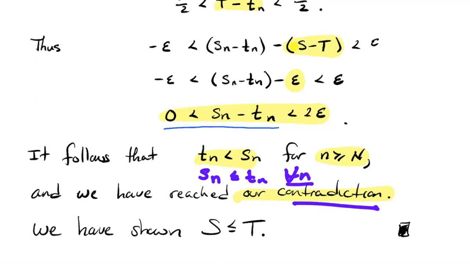So that's what I'm contradicting. It cannot be the case that eventually that inequality switches around. So where did the contradiction come from? It came from the assumption that S was greater than T, so therefore S must be less than or equal to T. Cool. So QED.